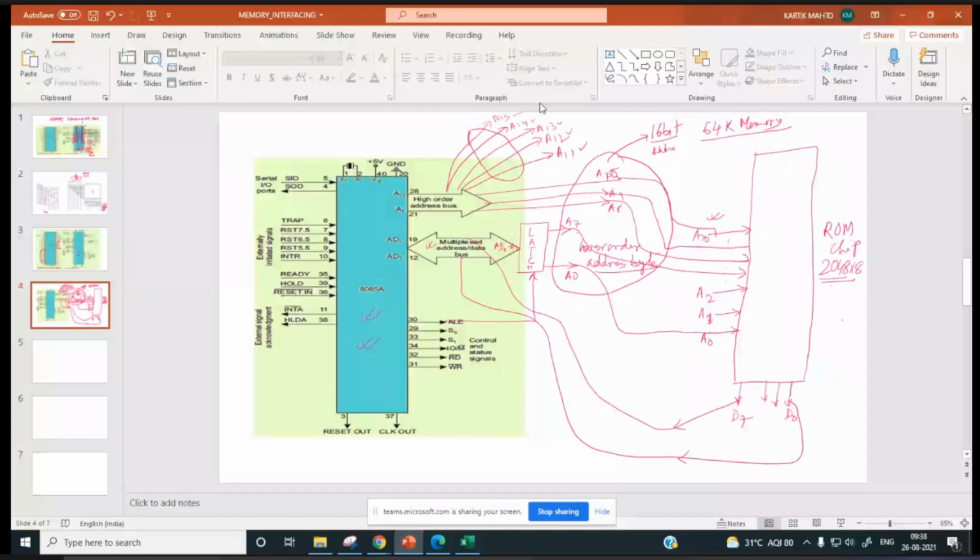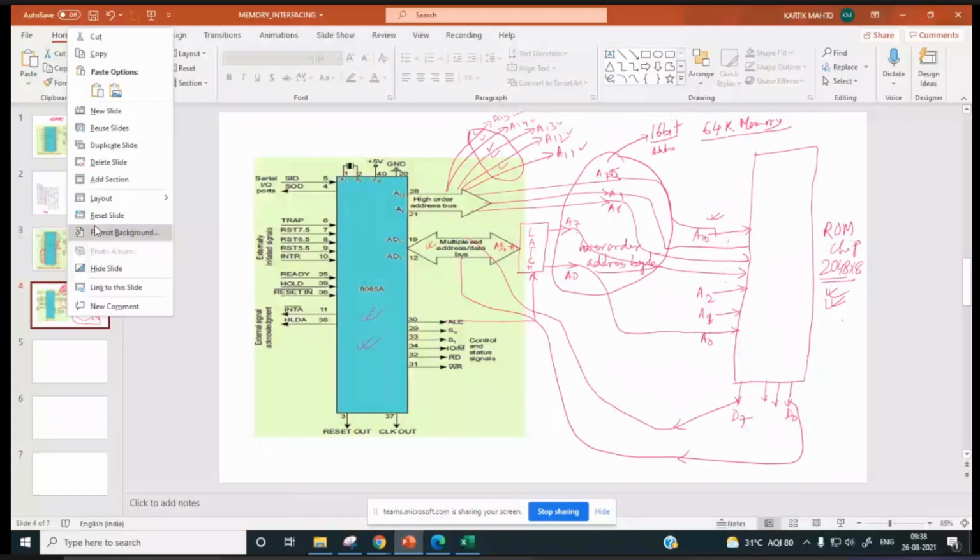Now, this is about ROM. Now, if I duplicate this slide, suppose this is a RAM chip.